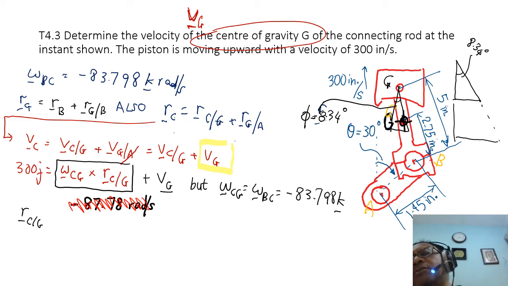The length is 5 minus 2.75, which is 2.25. So we can find this component and that component.